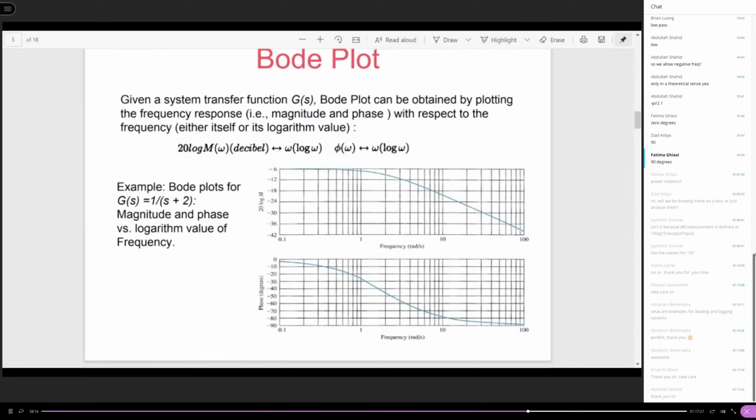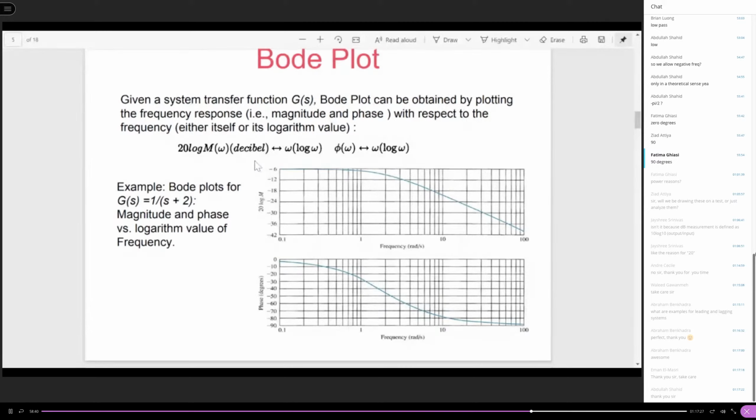So the logarithm does not distort the picture of the trend. When I say keep the same trend, I mean that if M increases, the log value increases. If M decreases, the log value decreases.